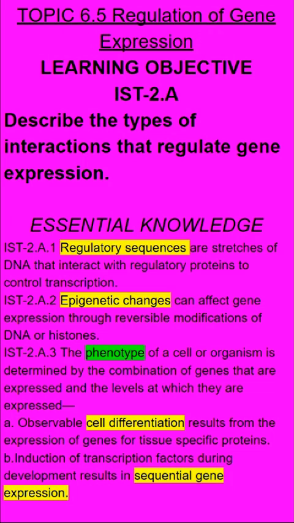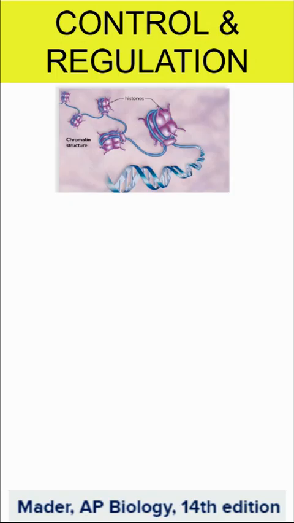Regulatory sequences, epigenetic changes, cell differentiation, and sequential gene expression all lead to the phenotype of a cell or organism. So when we start talking about genetics, we aren't just randomly doing transcription and translation, and it's not happening all the time all at once.